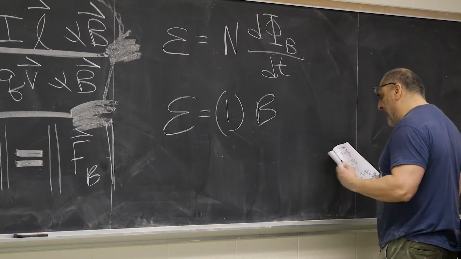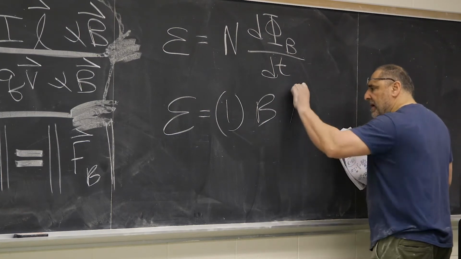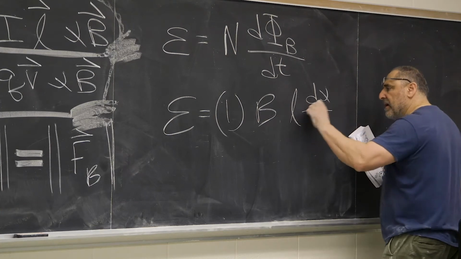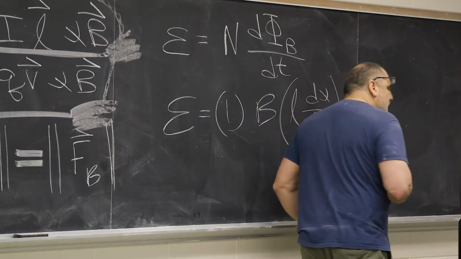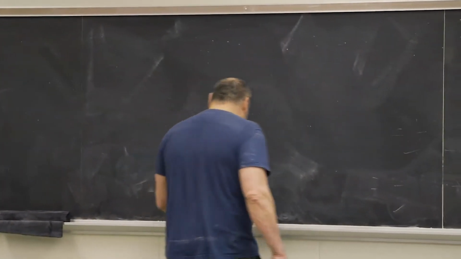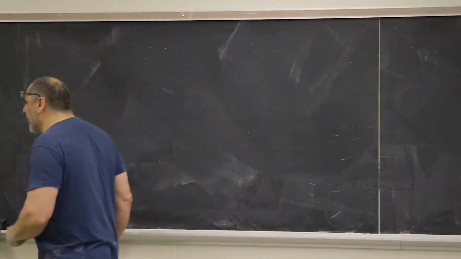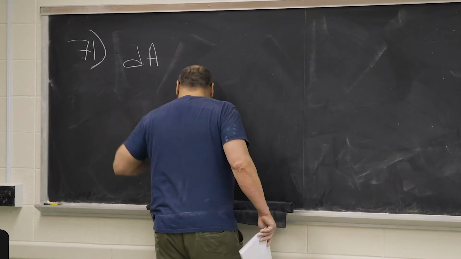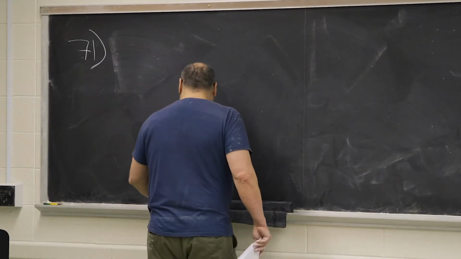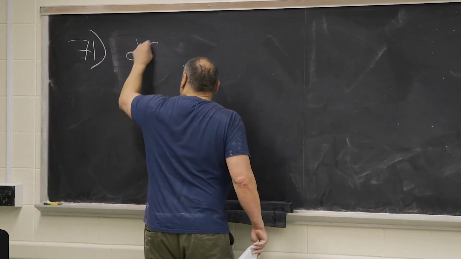How's the area changing? The area is changing like this. A can be used a lot. A can be used as a constant. It can be used as a variable. Here it's going to be used as a variable.